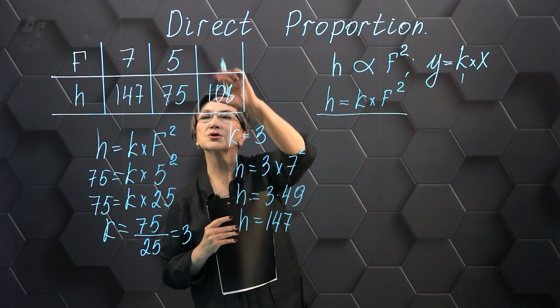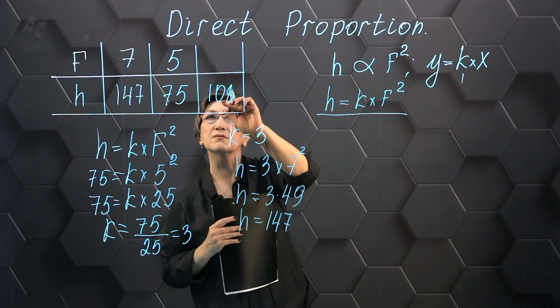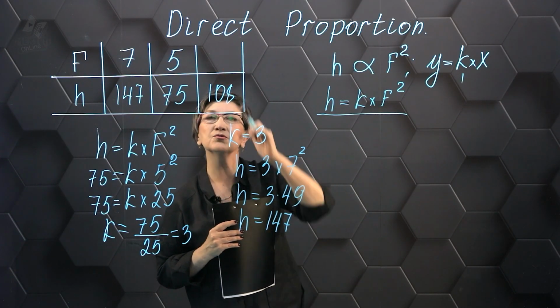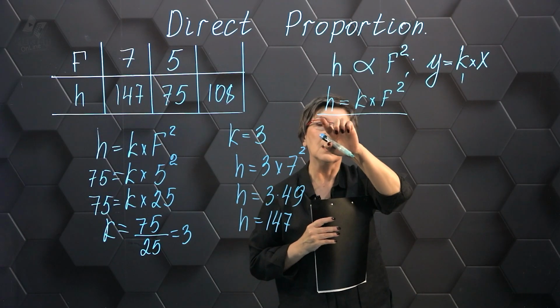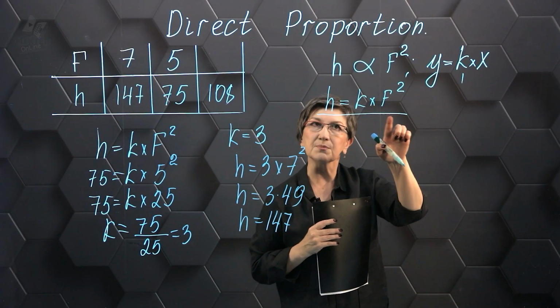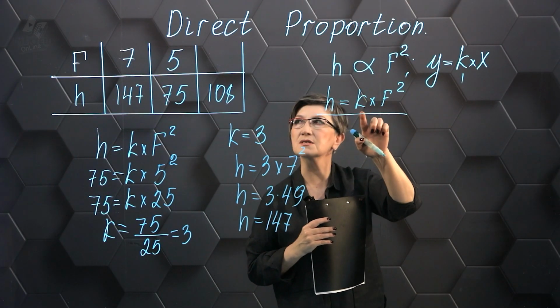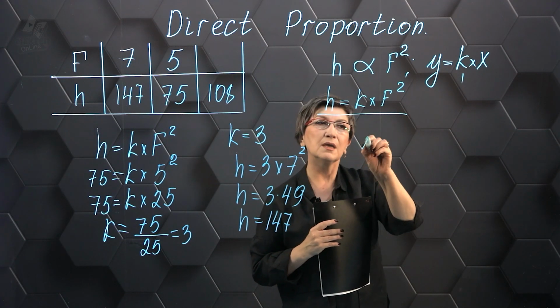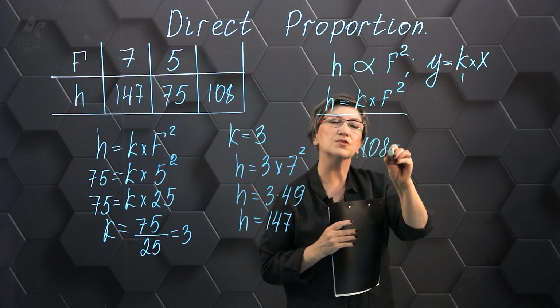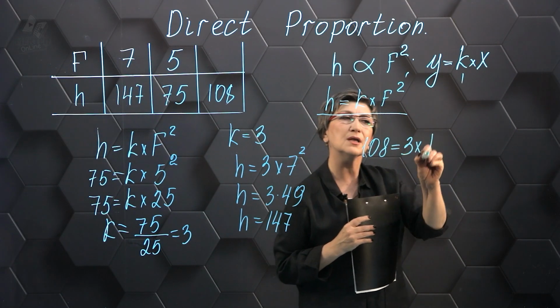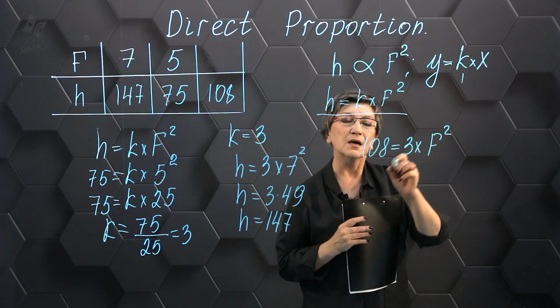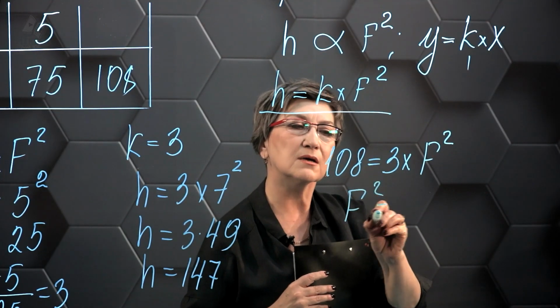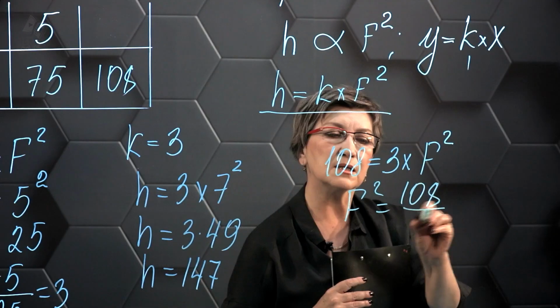In the next case, we know h equals 108. And we need to find the value of f. Again, using our notation and the coefficient we know, we find f. h equals 108. 108 equals 3 times f squared. Then f squared equals 108 divided by 3.